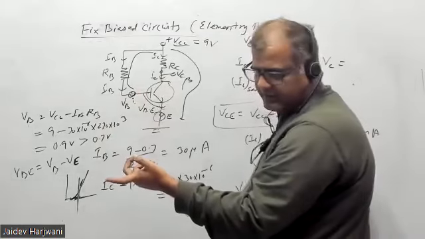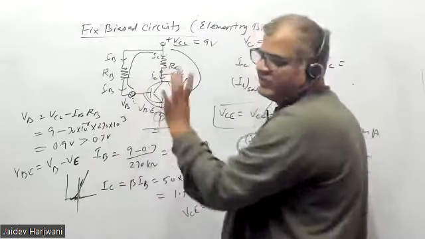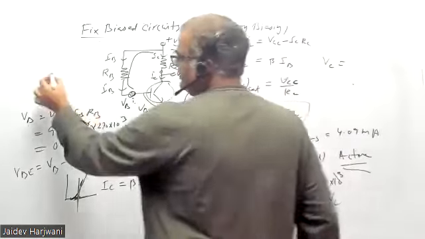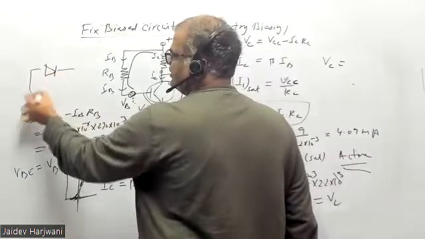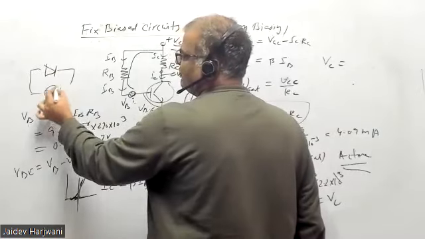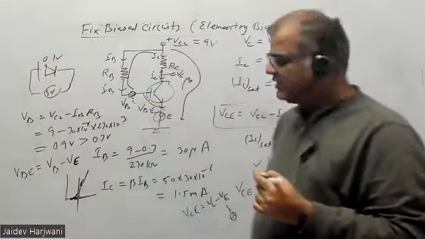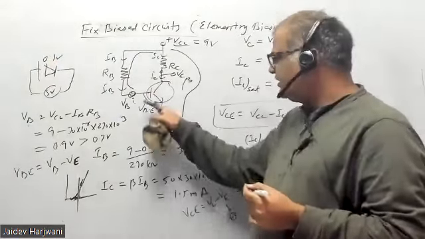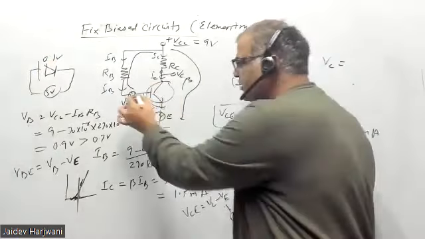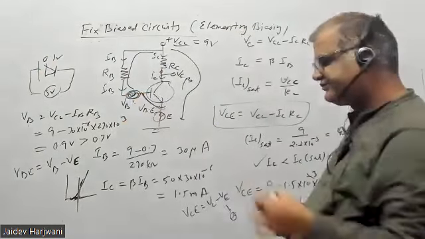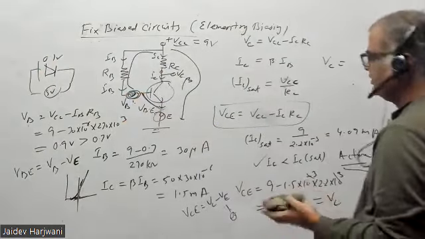But here drop will be only 0.7, like in your diode. Suppose your diode drop is 0.7 only, even if you apply 5 volt, here it will come 0.7 only. Yes yes sir. Same way here, whatever voltage, drop will be 0.7, but you have to make sure that the applied voltage should be greater than this drop, then only it will start. Yes yes. Thank you very much. Perfect.